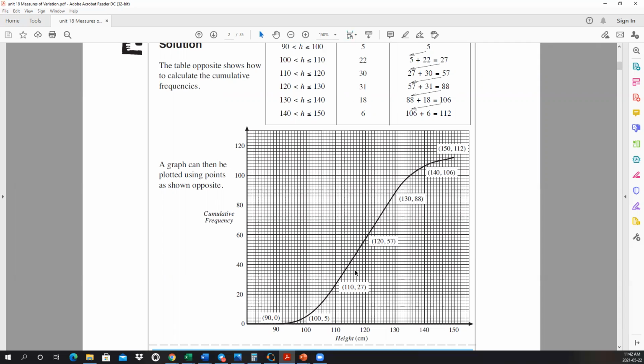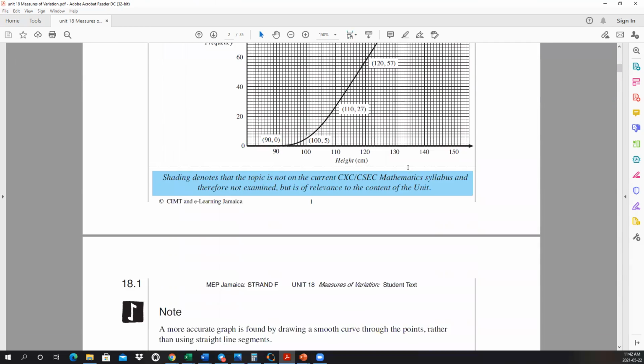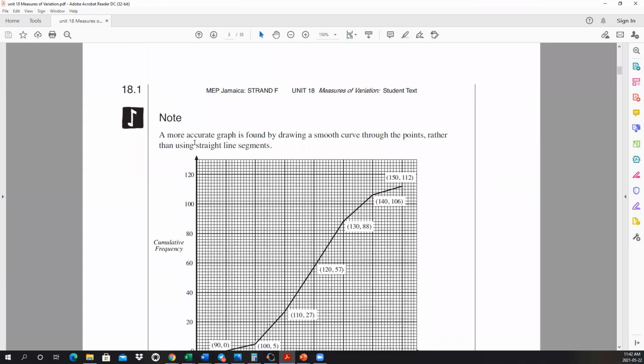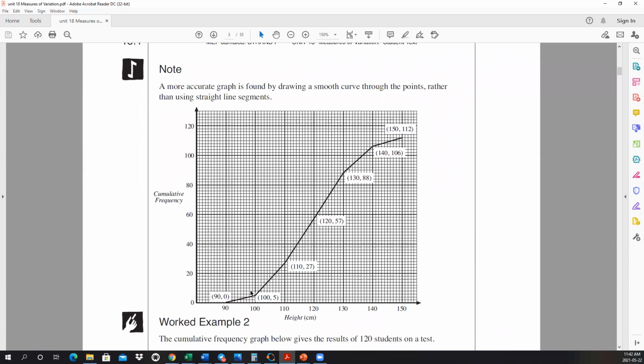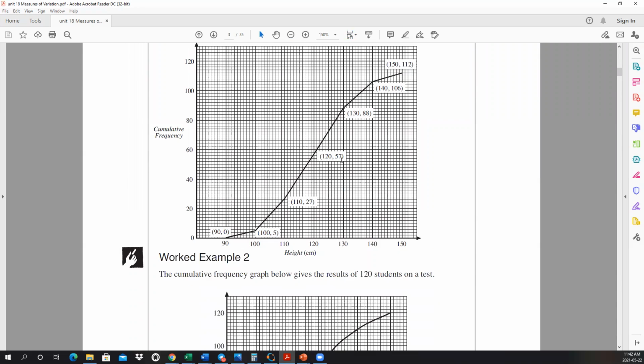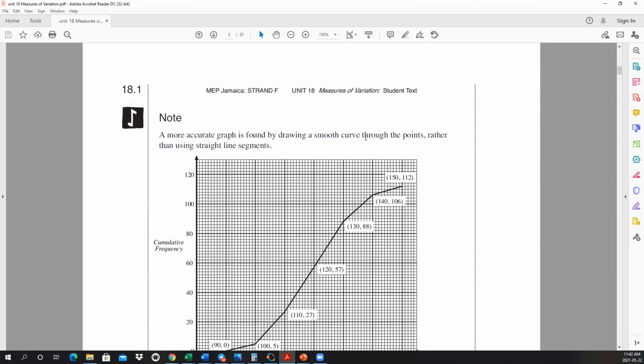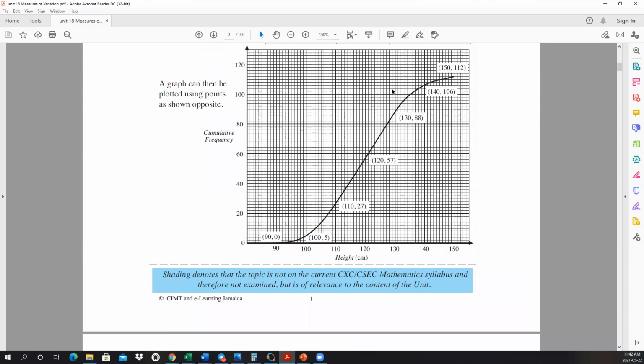So look at this nice curve. Cumulative frequency curve. And here's another one. A more accurate graph is shown by drawing a smooth curve through the points rather than using straight line segments.